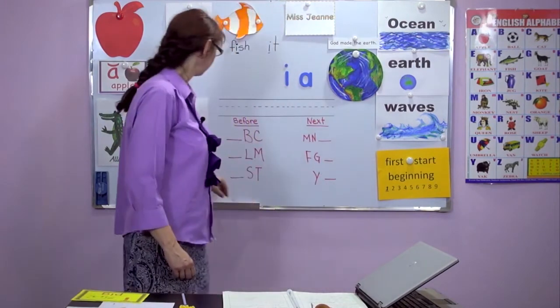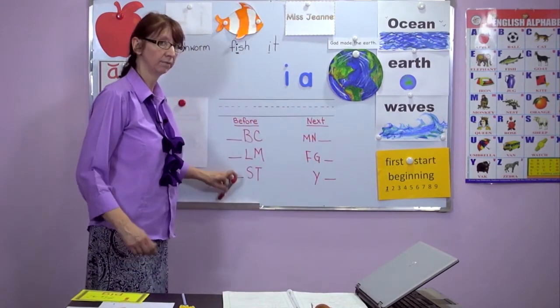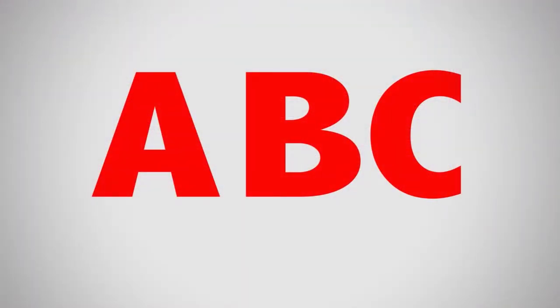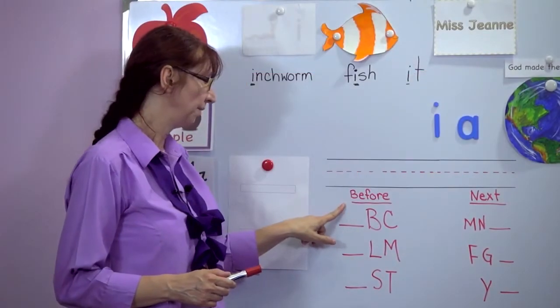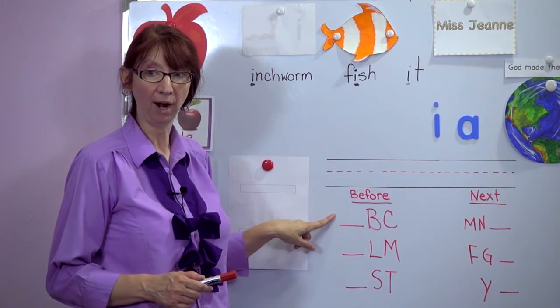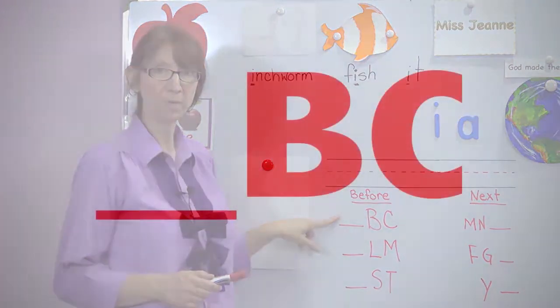Now, when we say the ABCs, we say them in order, right? We go A, B, C. Now, the word before means there's something missing before. Can you tell me what's missing? If I say the ABCs, what is before B?